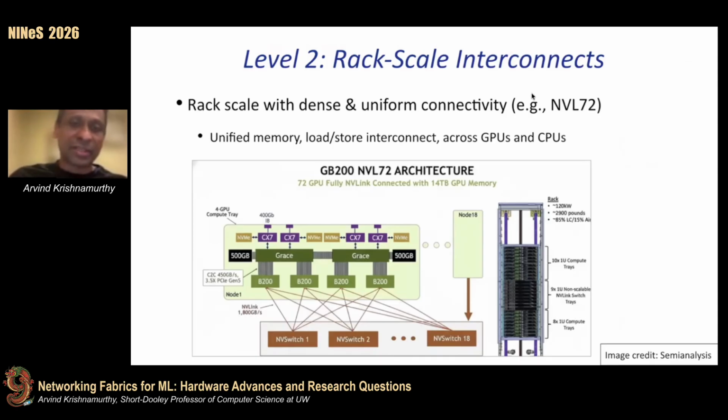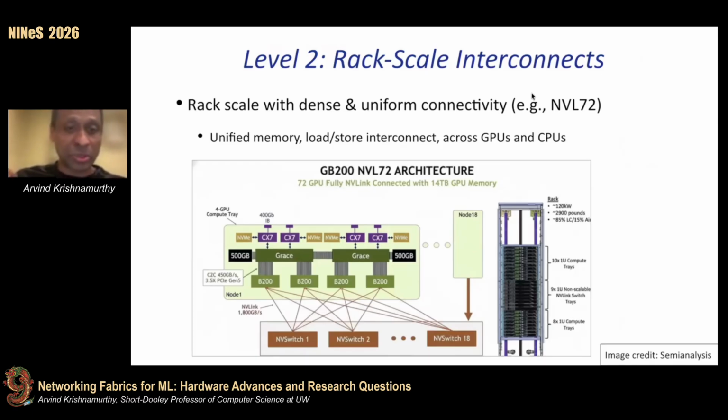Consider, for instance, the NVL72 architecture. You have 72 GPUs, which are spread across essentially 18 servers or CPUs. And all of these 72 GPUs can access each other with GPU to GPU throughput of 1.8 terabytes per second.